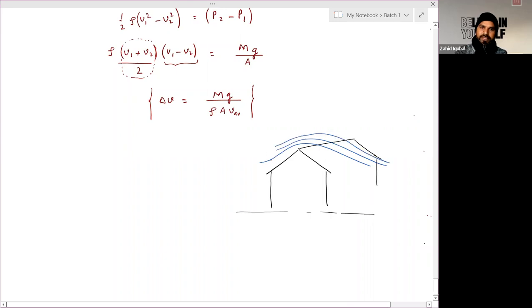So the velocity of air at this point will increase, and inside this particular house, the velocity of air will be 0.